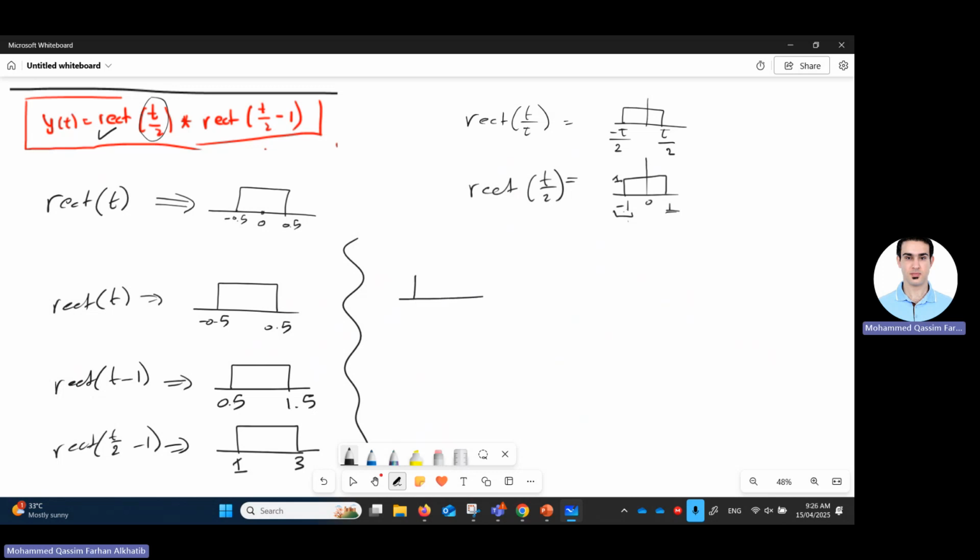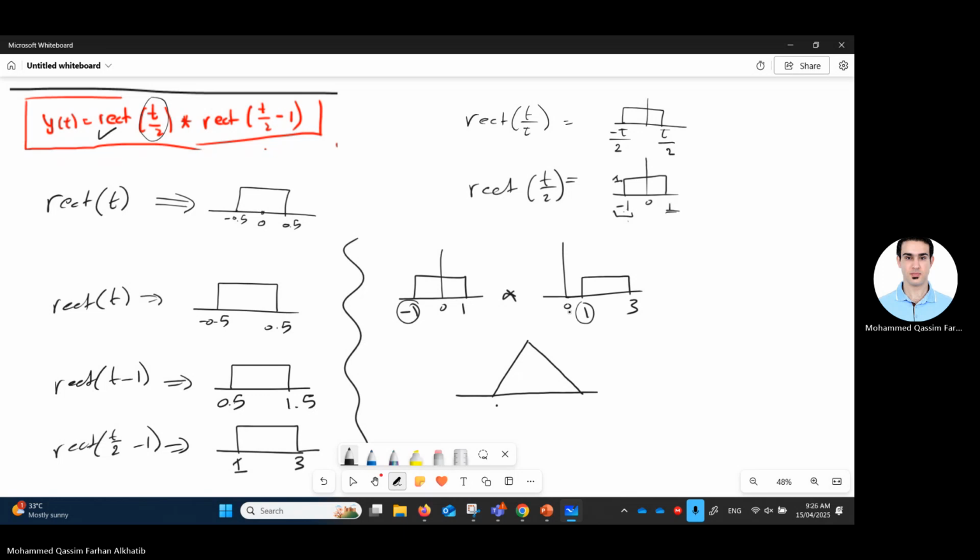So the first rectangle, negative 1 to 1, convolved with 1 and 3. So that's the 0, and that's the 0. All right, so let's do the convolution. As I mentioned, the result should be a triangle. The point here is the addition, negative 1 plus 1, so that's 0. The point here is the addition, 1 and 3, it's going to be 4.